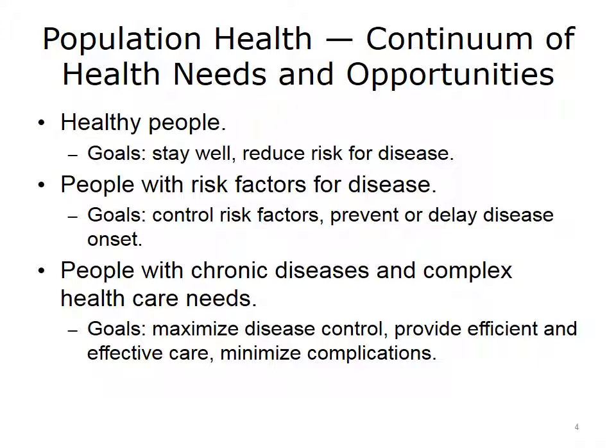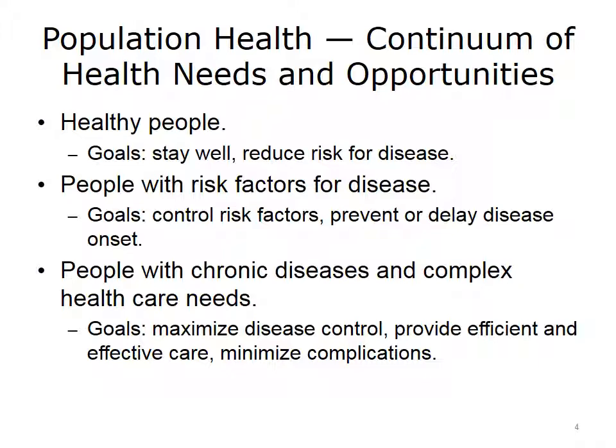With this different model of care, the goal in this segment of the population is to help control risk factors to prevent and delay disease onset. And then, of course, there are those in the population who have already contracted chronic diseases or have complex healthcare needs. The goals in this portion of the population are to maximize disease control, provide efficient and effective care, and minimize complications.